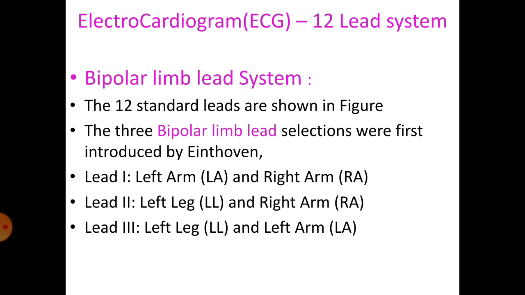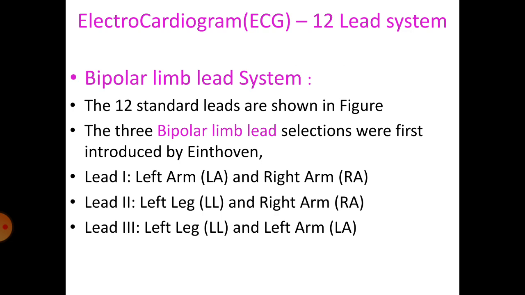So in the electrocardiogram, we have many lead systems. This slide shows the electrocardiogram 12 lead system. The first one is the bipolar limb lead system. The 12 standard leads are shown in the figure.